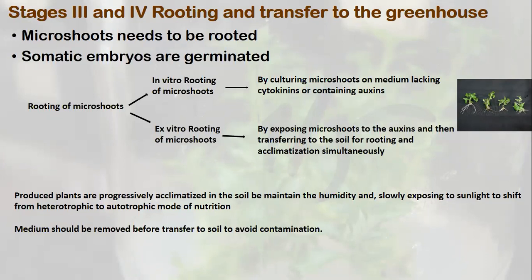The medium should be removed before transfer to the soil to avoid contamination. If we transfer the plants to the soil with medium, because medium contains a lot of sugars and other vitamins, the moment we transfer the plant to the field, the microbes start growing around the medium and will also attack the plant. So the medium is to be completely removed, washed, and plants need to be completely cleaned before transferring to the field.